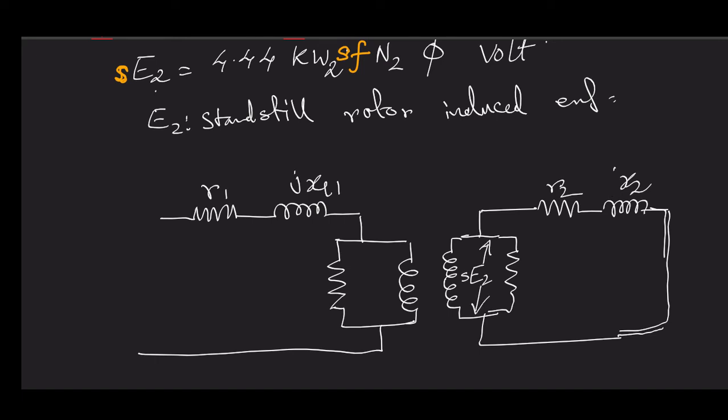Now here there is one twist: being a frequency dependent factor, instead of X2 you will have JSX2 here, and here you have E1.